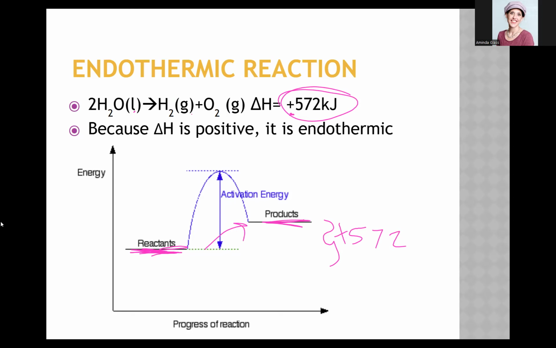Now, exothermic reactions tend to happen spontaneously because it's releasing the energy. It still needs an activation energy to get the reaction started, but the net change is negative.